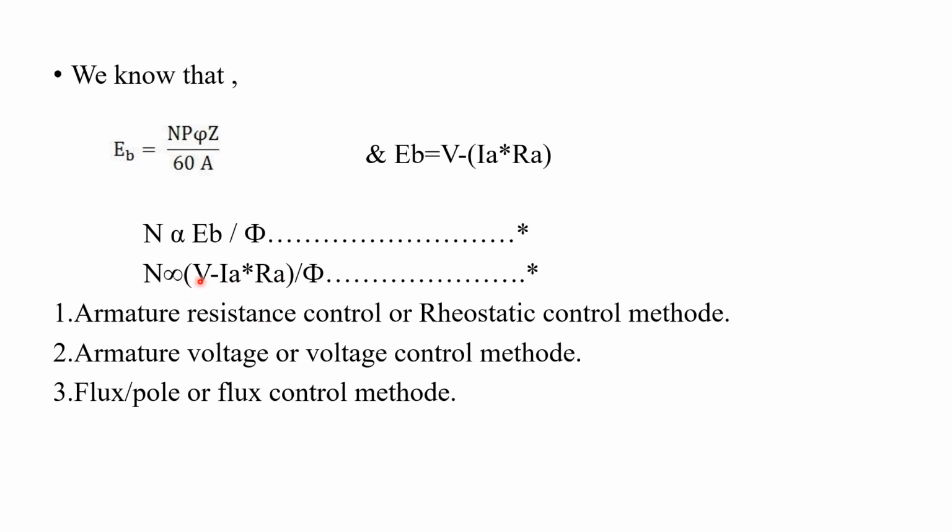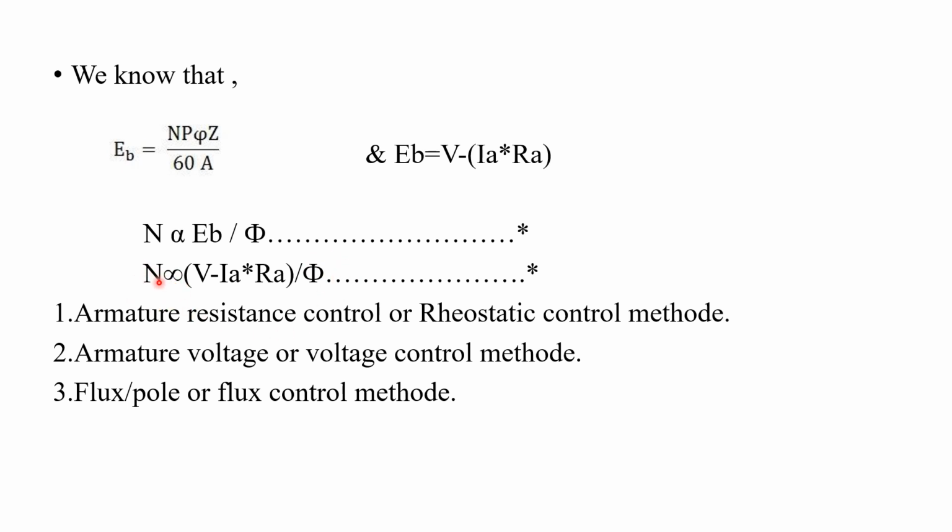So based on this second equation, if we need to increase or decrease the speed, we can change V, the applied voltage, we can change the armature resistance, and by changing the flux we can control the speed of the motor.